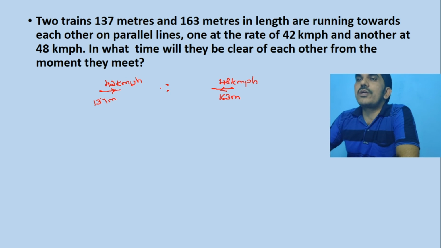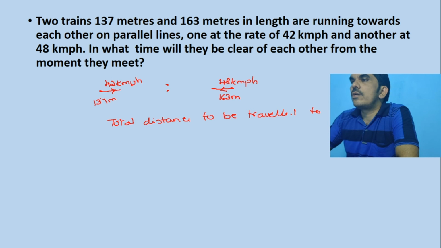That means the total distance travelled is the sum of the lengths of the trains. So the total distance to be travelled to cross each other is 137 plus 163, that means 300 meters.